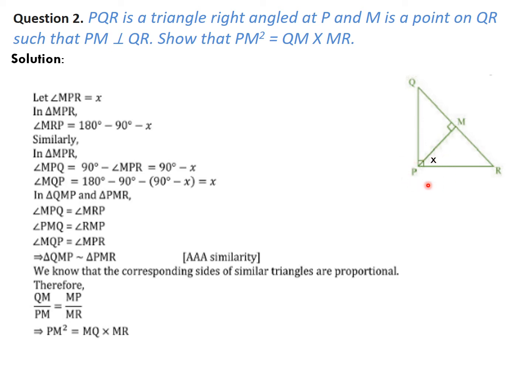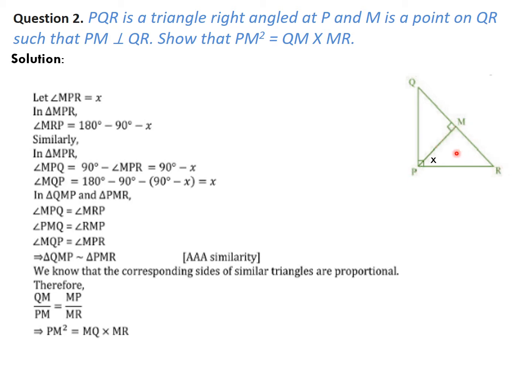Now M is a point on QR such that PM is perpendicular to QR. So at M also we have 90 degree angle. We have to show that PM square is equal to QM into MR. That is PM and QM and PM and MR.